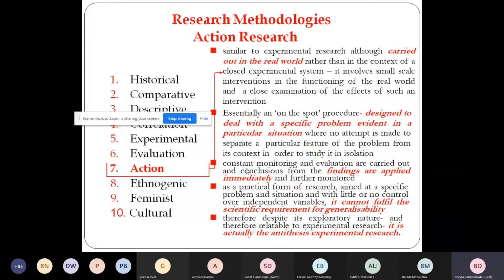Whatever you are observing, immediately analyze it and proceed. As a practical form of research, it aims at a specific problem or situation, having little or no control over independent variables. It cannot fulfill the scientific requirement of generalizability. No scientific requirement is there. Straight on-process analysis, on-process implementation, analysis, and reporting.